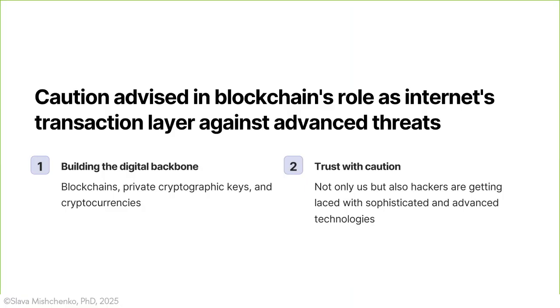So trust is essential, but it must be tempered with caution. Because as we continue to build this digital backbone, we need to ensure we are not just creating efficient systems, but also secure ones. And finally, I've seen too many projects focus solely on functionality while overlooking security considerations.